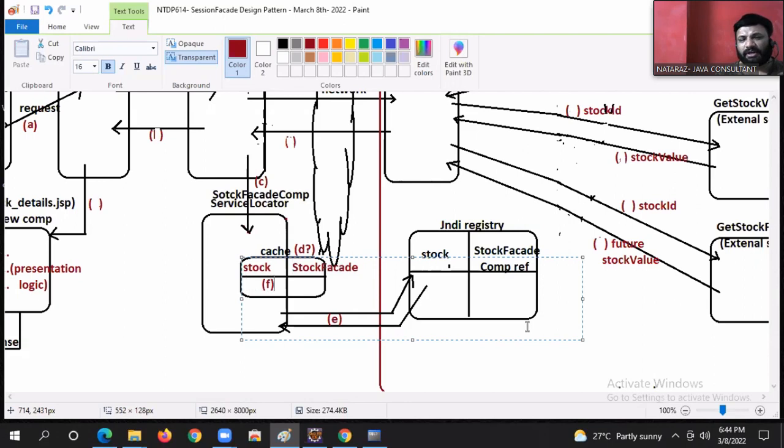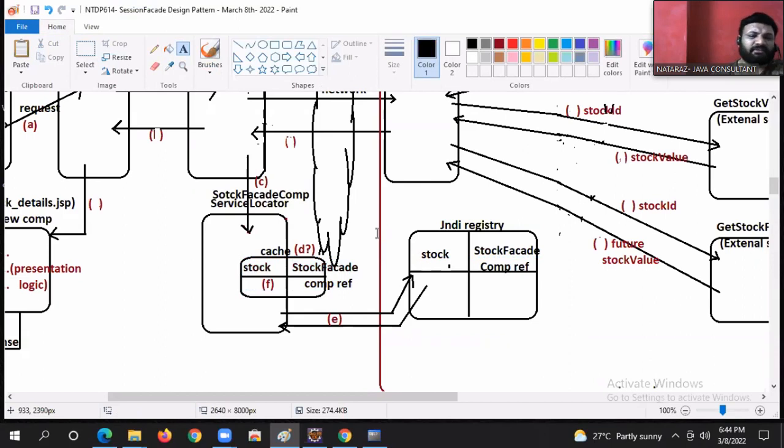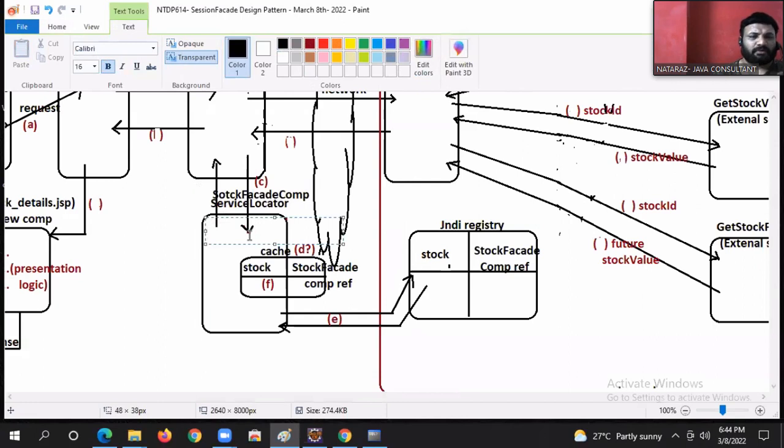StockFacade component reference. EF. Next. G. EFG.